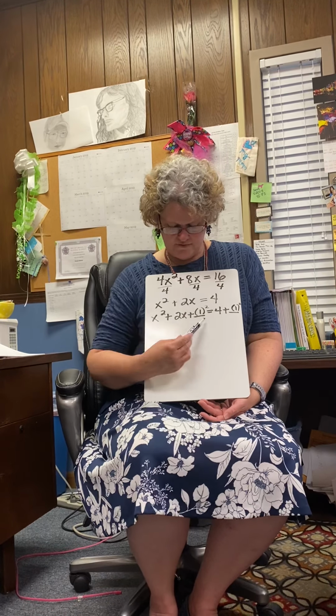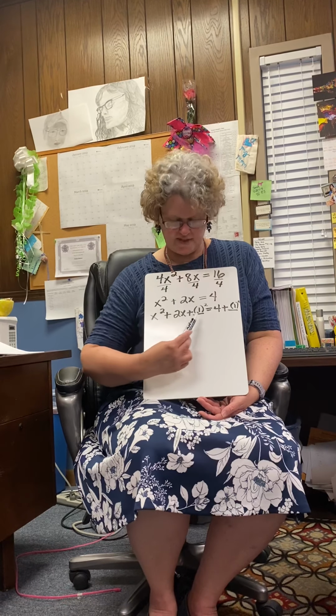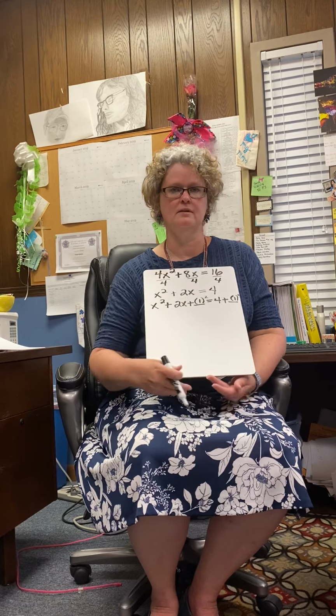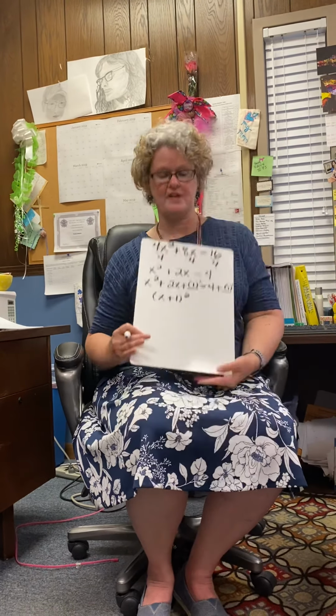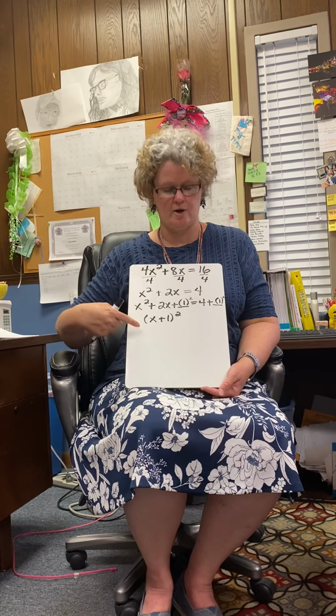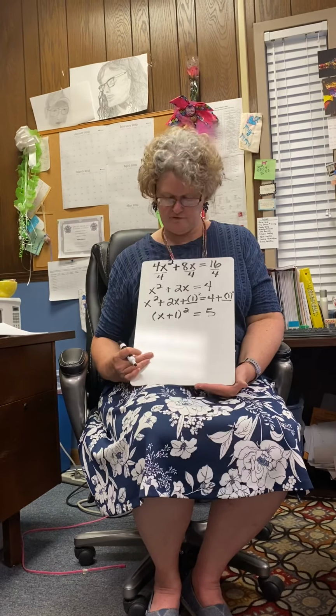All right, so if I were to factor x squared plus 2x plus 1, I would get x plus 1 times x plus 1, which is x plus 1 squared. And so now I've completed a square. In other words, I've made this side of the equation now a perfect square. And if I simplify the right-hand side, of course, I get 4 plus 1, which is 5.